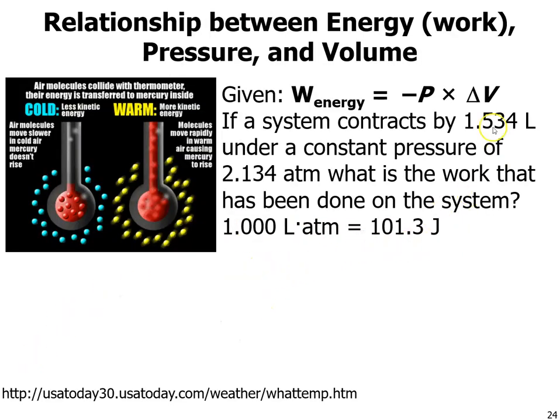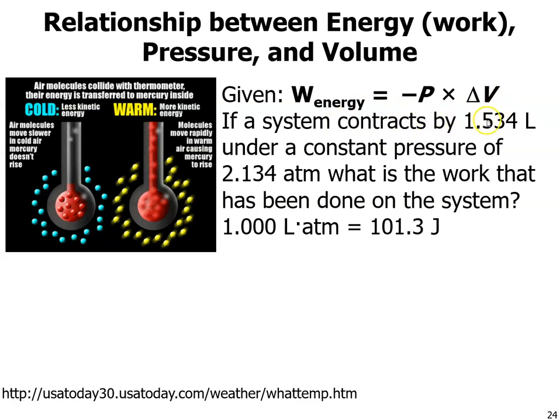So let's go back and look at this equation where the work energy is equal to the negative pressure times the change in volume. How would we use this equation to solve a problem? If we have a system that contracts by 1.534 liters. So what does contract mean? It means it gets smaller.